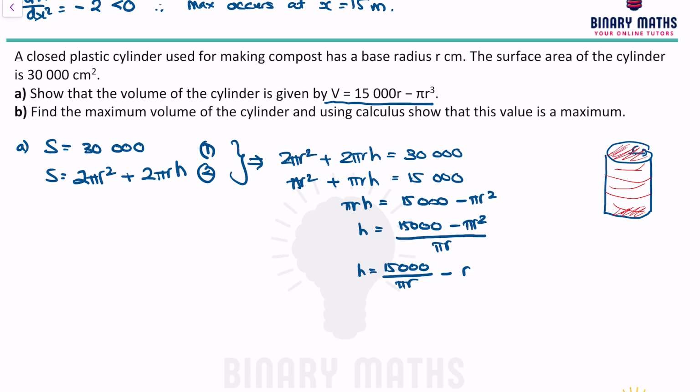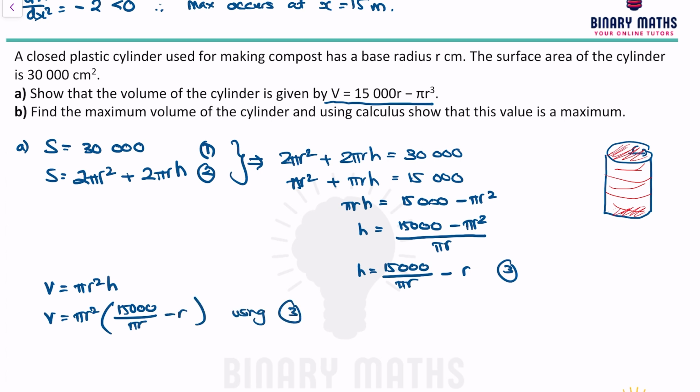Now try to find the volume. The volume of a cylinder is given by the formula pi r squared h, which I know, so if I call this 3, then the volume is equal to pi r squared times 15,000 over pi r take away r, using 3.